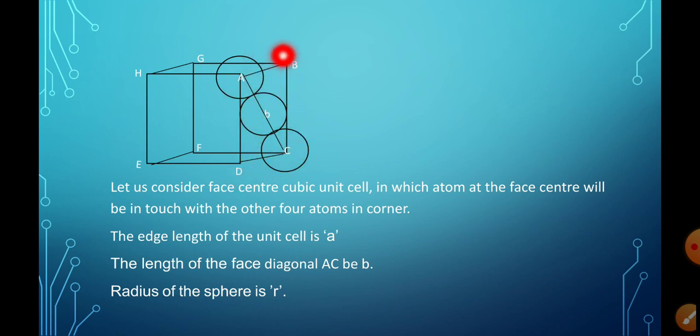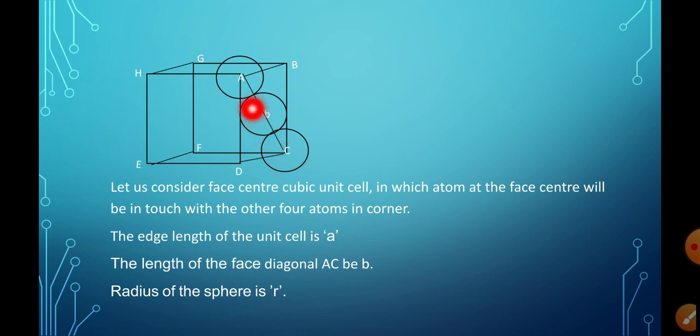And I join AC. Then what happens when we join AC? What is AC? Yes, it is the face diagonal, a diagonal drawn on the face A, B, C, D. What is the need of this face diagonal?